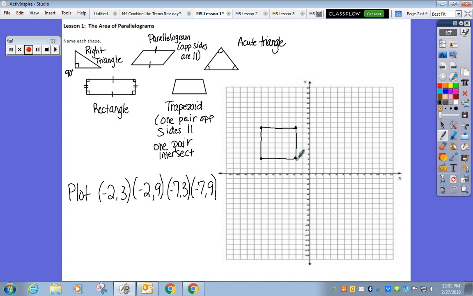So between here and here, it would be 1, 2, 3, 4, 5 units. And then if I do the other side, I have 1, 2, 3, 4, 5, 6 units. So the area of this would be our length times our width, or our 5 times our 6, which would give us 30. Okay, so the area means that there are 30 squares inside this rectangle.